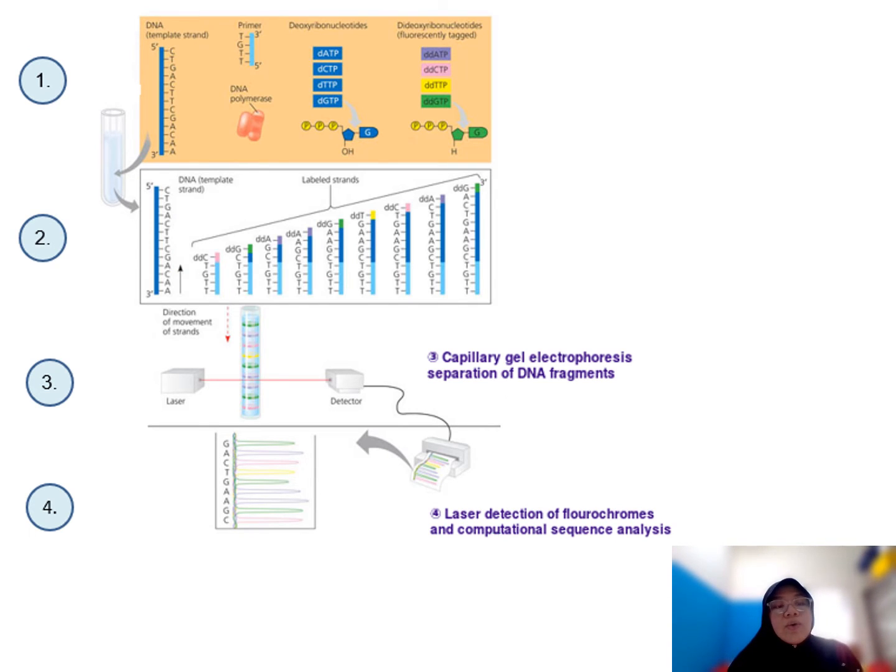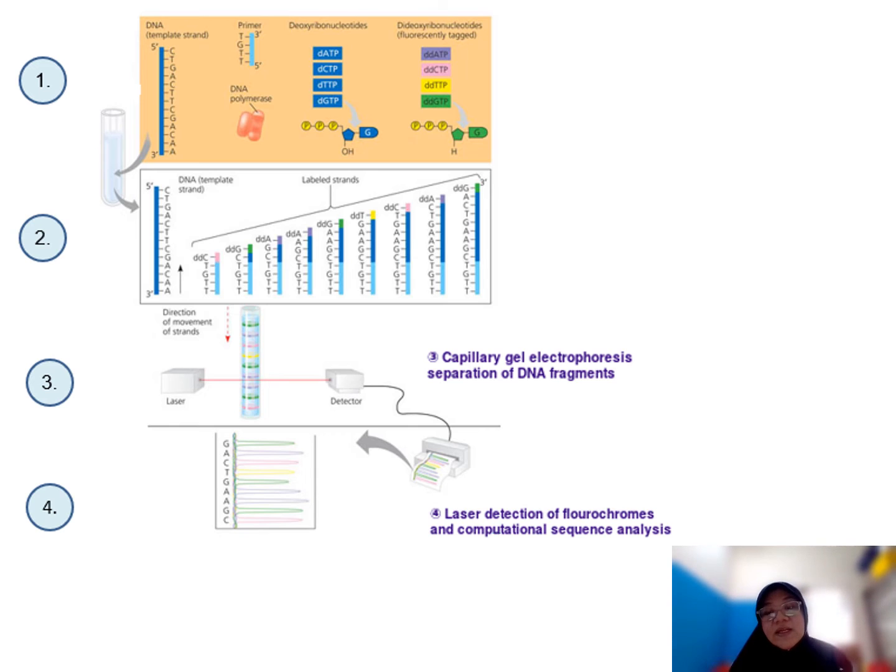So recall what we learned today is that in DNA sequencing, okay, it involved with the DNA template, okay, primer, DNA polymerase, the deoxyribonucleotide, and the tag deoxyribonucleotide called as dideoxyribonucleotide. So the tag deoxyribonucleotide ataupun dideoxyribonucleotide ini, okay, dia tag dengan color fluorescence that will help in identify the bases.